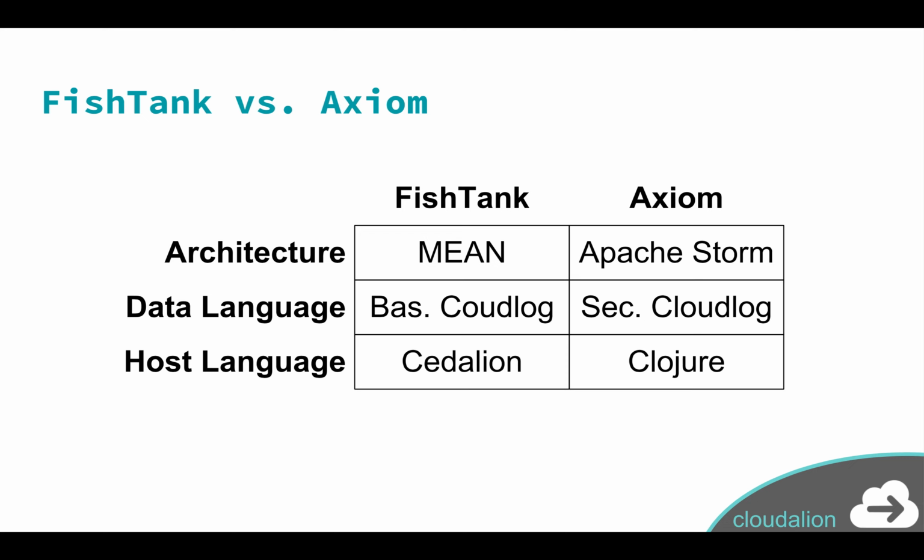In FishTank, the host language is Scala, which has a lot of advantages, but the fact that I guess most of you have never heard of it is certainly a disadvantage. And Axiom is built on top of Clojure, which is a much more popular language.